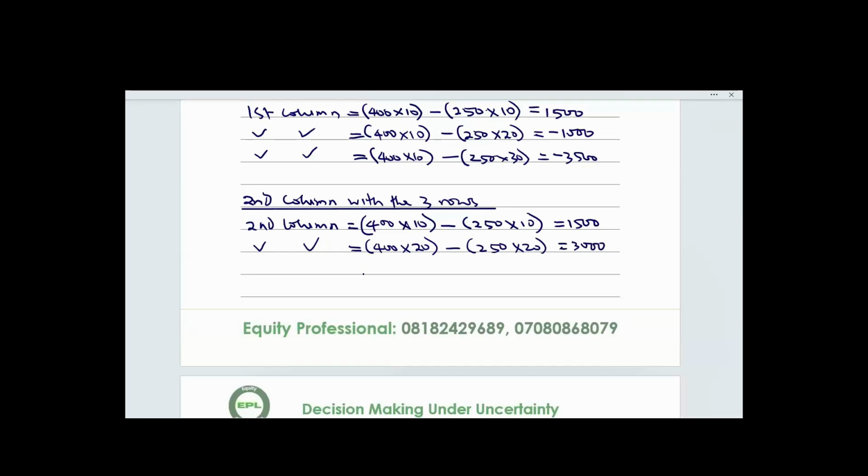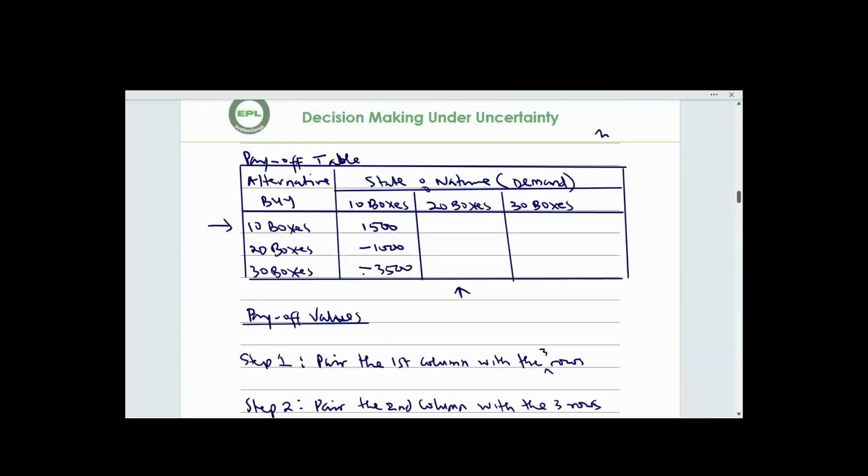All right. Then in the second column, contribution is 400. Again, let's go back to the table. In the second column, you want to pair 20 boxes with 30 boxes. Customers are demanding for 20 boxes of apple, but we have taken 30 boxes of apple to the market to sell, right?